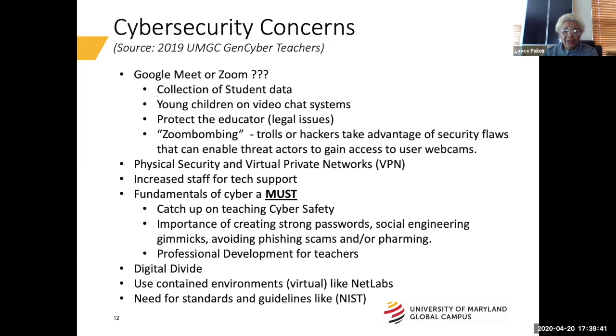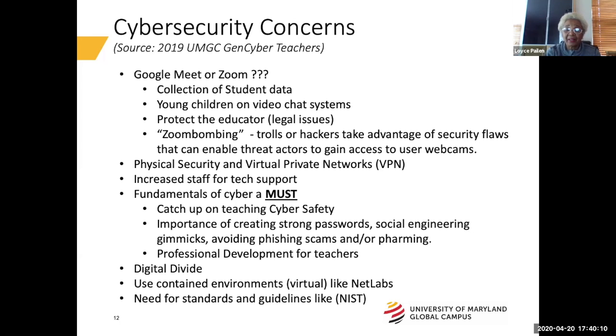I think everybody heard about Zoom bombing, where hackers were taking advantage of the security flaws, and the threat actors were getting access to the webcams in Zoom. Of course, that's something that we in cybersecurity hear about and talk about every day: the threat of hackers taking advantage of security flaws in apps and in your mobile phone and other things.